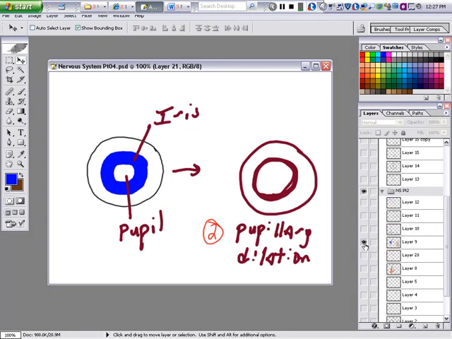Okay. Let's do the next one here. For your pupillary dilation, in order for your pupil to get larger, do you need the muscles in the pupil to contract or to relax? Which one do you need? You need them to relax.